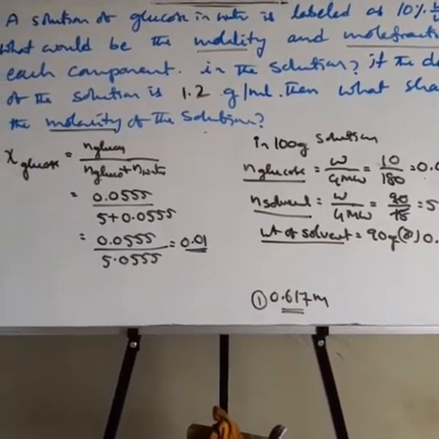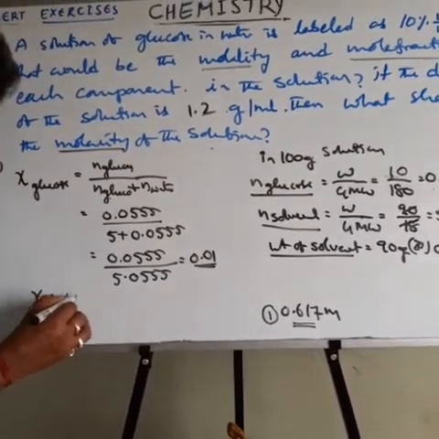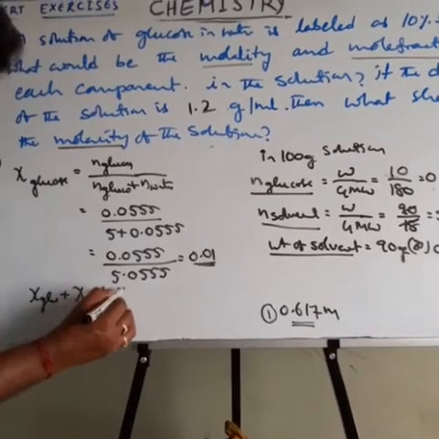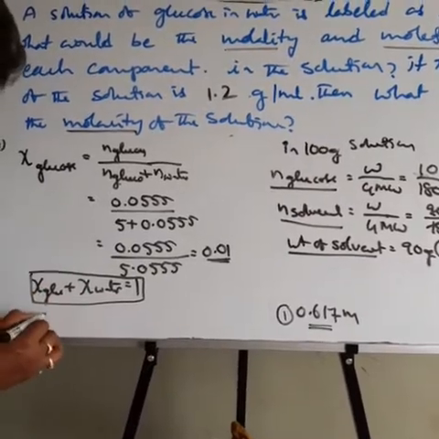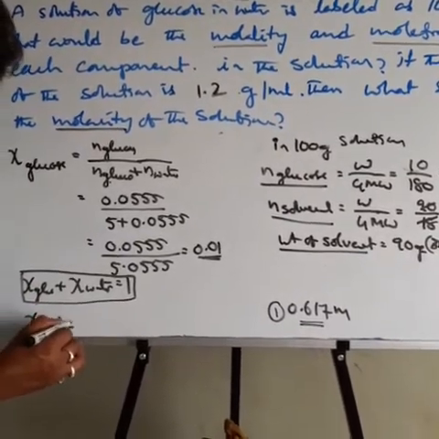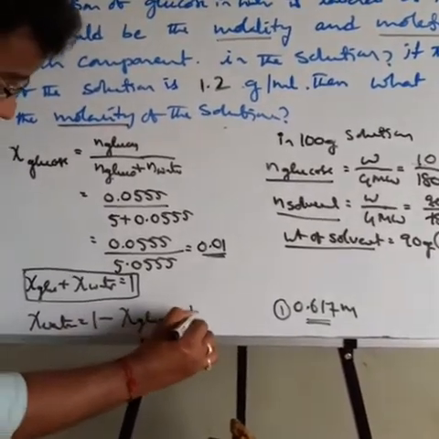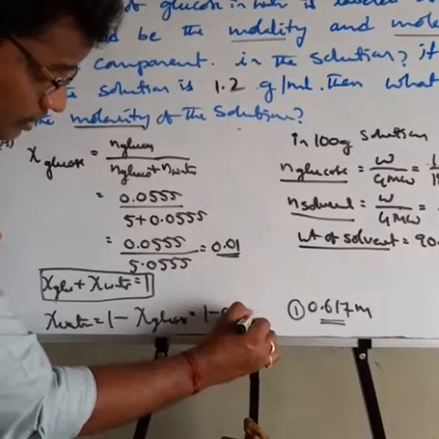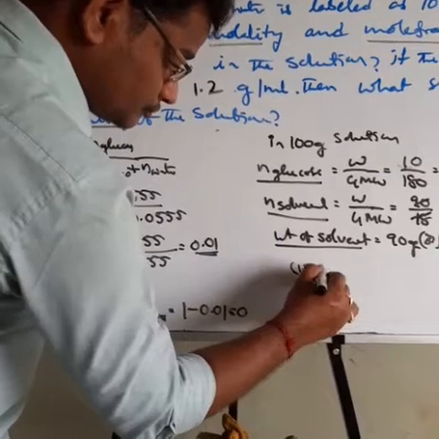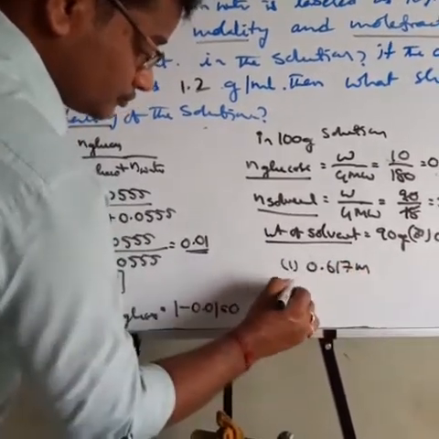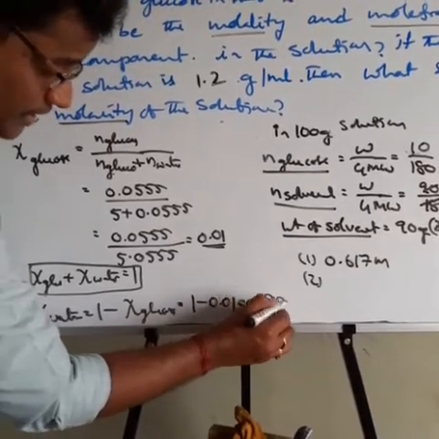Then what about the mole fraction of water? Mole fraction of glucose plus mole fraction of water, solute plus solvent, is always equal to 1. Therefore the mole fraction of water is equal to 1 minus the mole fraction of glucose. So 1 minus 0.01 means 0.99.